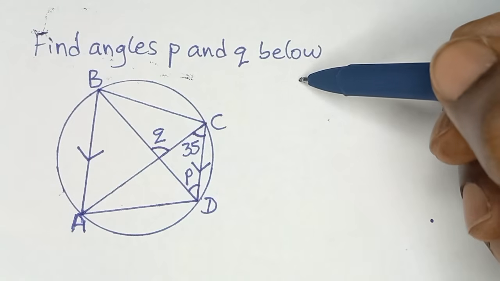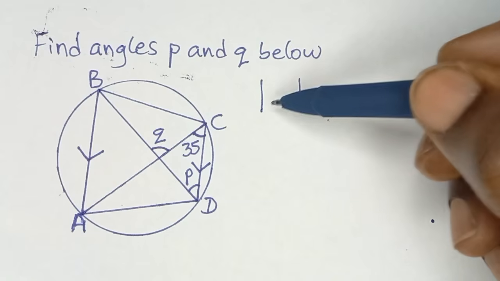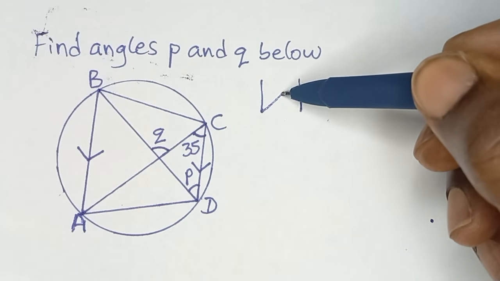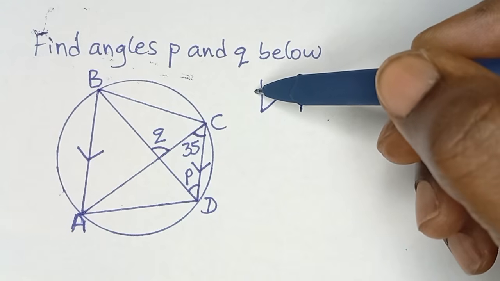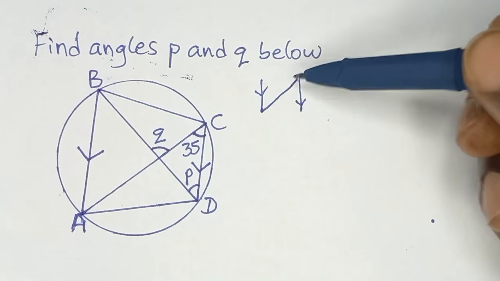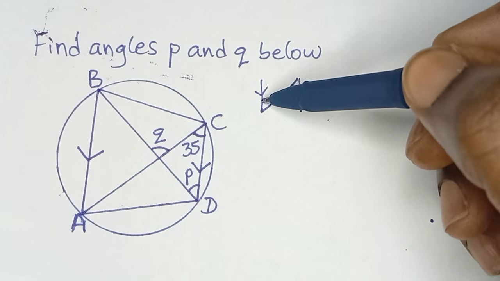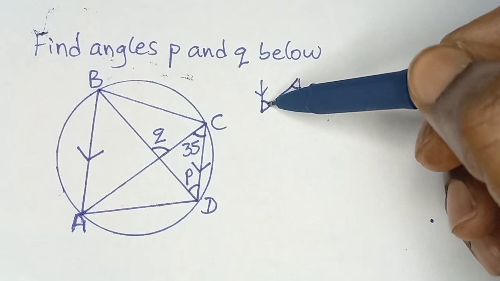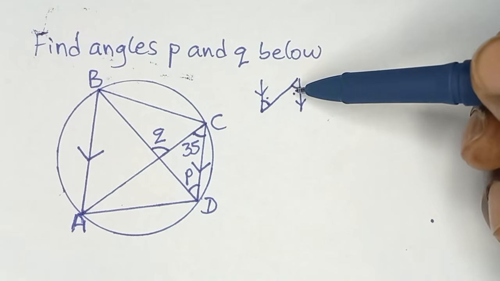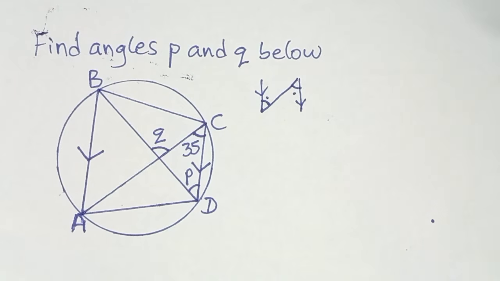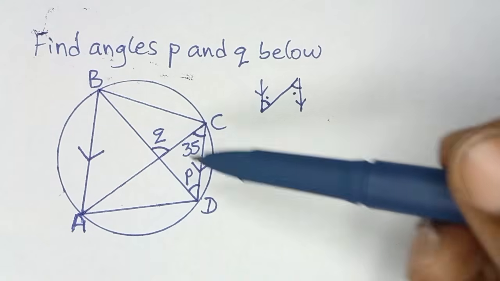Now, when you have a parallel line like this and another parallel line like this, and a line joining their ends like this, then you should know that the angle at this elbow here is equal to the angle at this elbow point here. And what rule is that? Alternate angles are equal. So these two angles are equal. They are alternate angles. So that is the first rule that we're going to apply in this question.